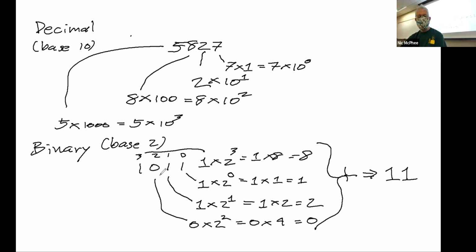So 1, 0, 1, 1 base 2 is 11 base 10. 11 in the way we think about numbers more normally. So this is how the computer is going to represent the number 11. It's going to represent it as 1, 0, 1, 1. Does that make sense? Questions about that?